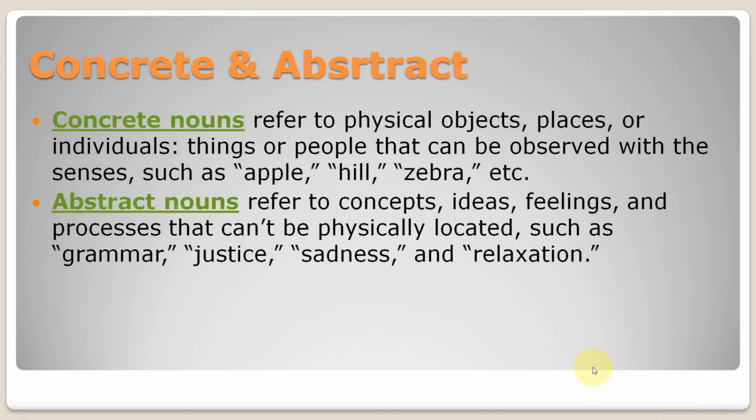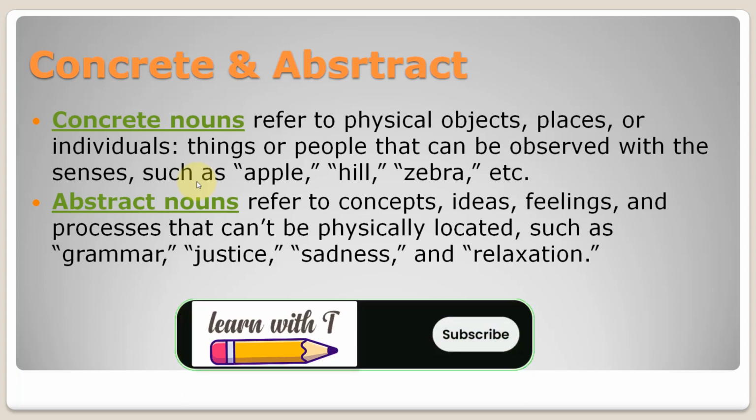Concrete nouns refer to physical objects, places, or individual things or people that can be observed with the senses, such as apple. You can touch it, you can see it, you can taste it. So you can basically check its presence with the help of your 5 senses.